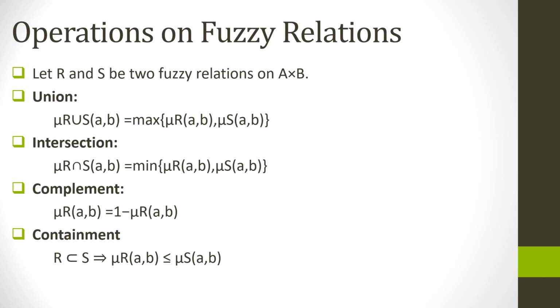How to calculate the complement? You subtract the given relation from 1. And what is containment? If R is a subset of S, it implies that the membership function of relation R on (A, B) is less than or equal to the membership function of S on (A, B).